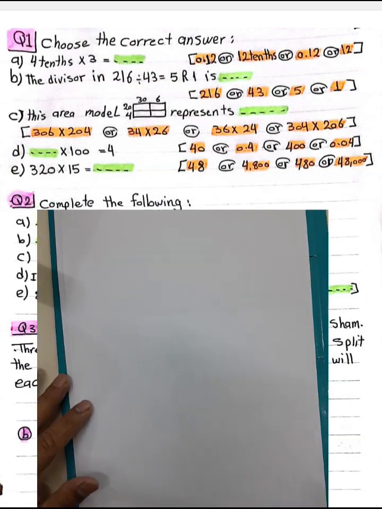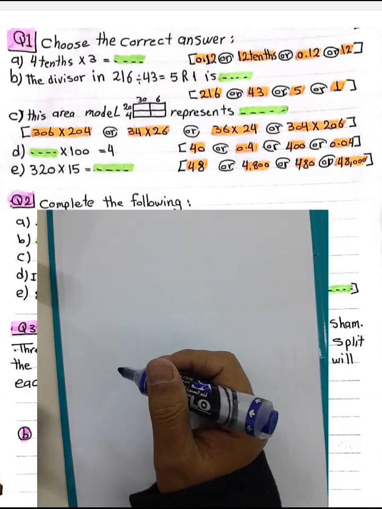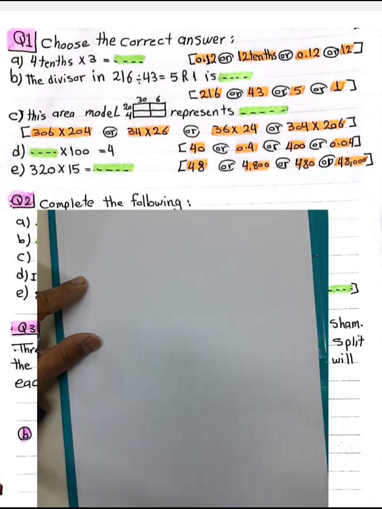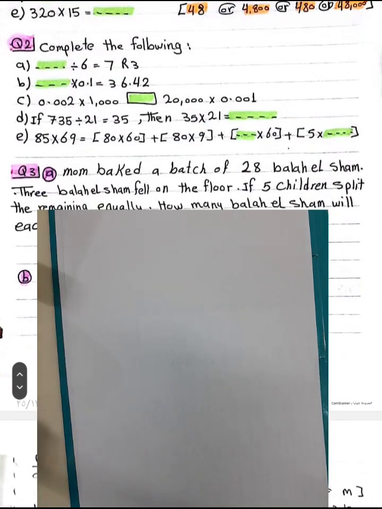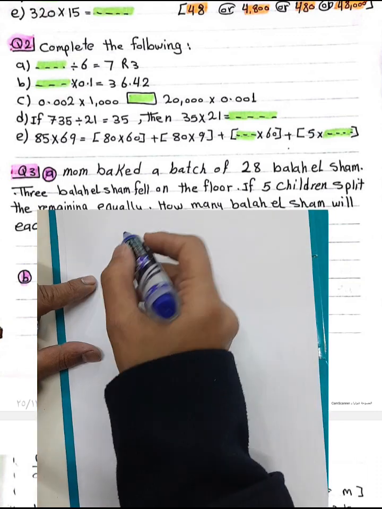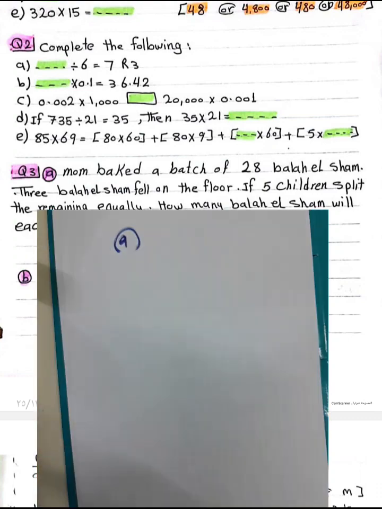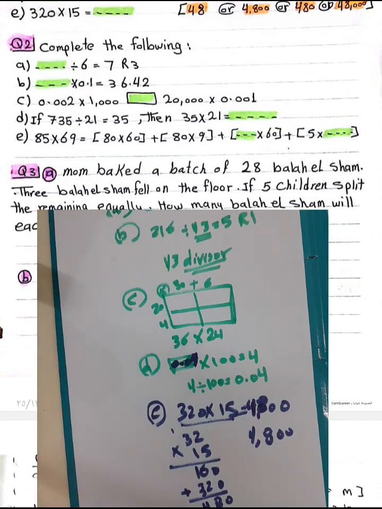Next question. Number 2. Complete the following. Letter A. Space divided by 6 equals 7 and the remainder 3. We want to find here the dividend. The dividend equals divisor multiplication the quotient plus remainder.